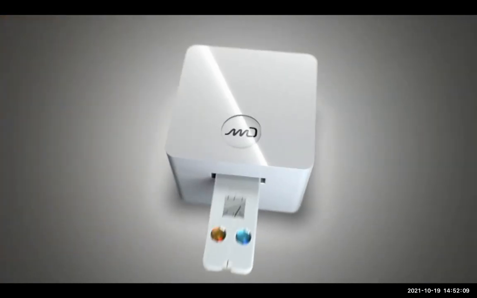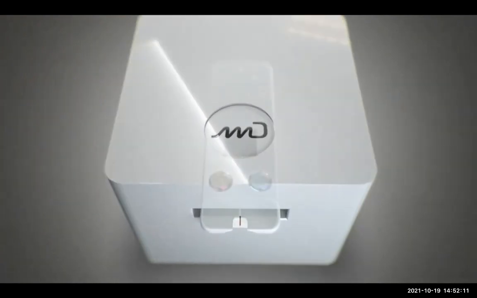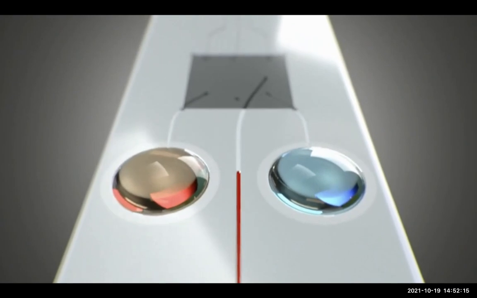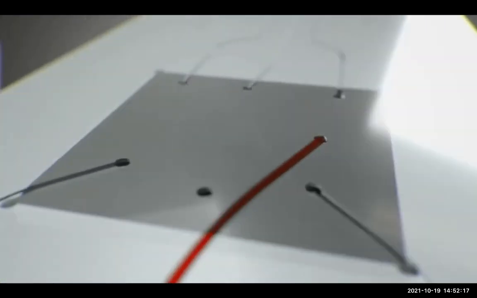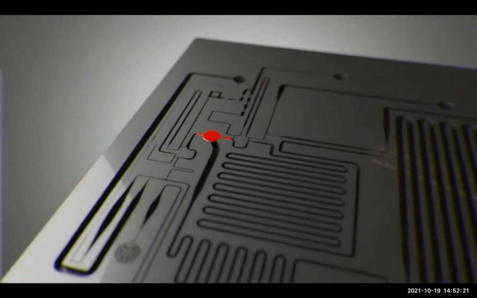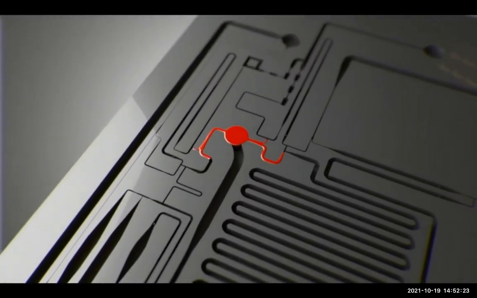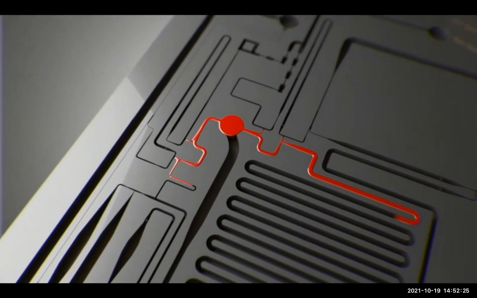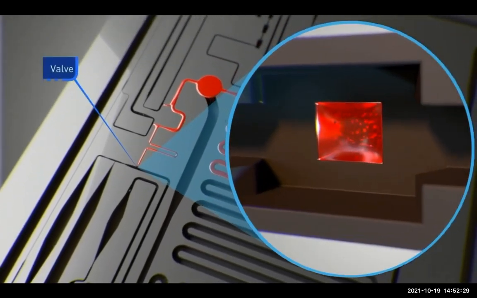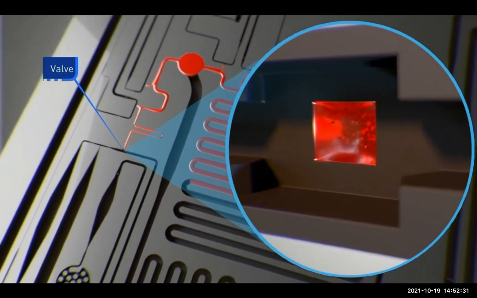The test card is inserted into a reader for testing to begin. Next, capillary forces draw the sample in the test card towards the nanofluidic processor, built out of 2 layers of silicon, allowing the blood to be distributed throughout a network of precisely engineered microchannels. The innovative design of the chip includes valves that purely function on capillary forces.